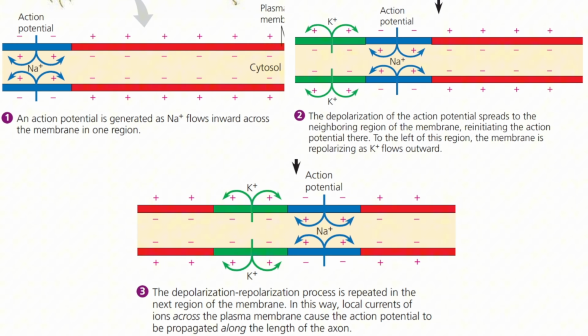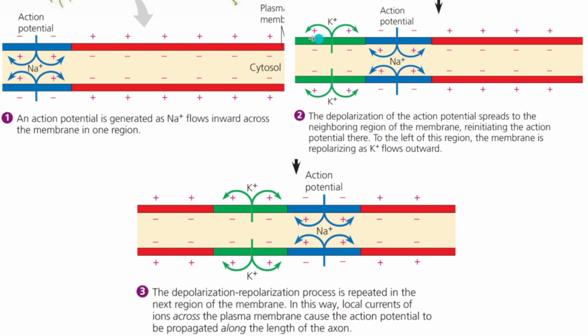Meaning that potassium ions start to flow out of the cell. When the depolarization of the first region starts, next the second region will start its action potential. So that's why it is said that the neighboring region of the action potential is initiated by the depolarization of the first region.